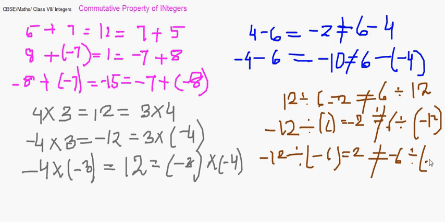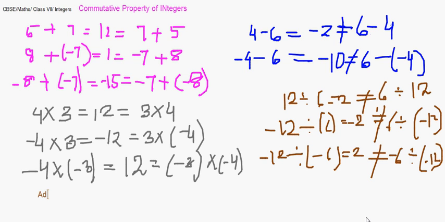That will give me 1 by 2 then, right? So what we derive is that the commutative property is applicable to addition and multiplication, but not to subtraction and division. I'll write it here, what we derive from above.